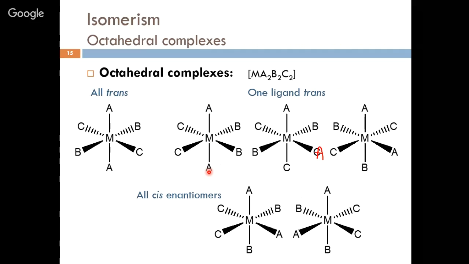So in this first one, the A are across from each other and the B and C are cis. We can have B trans and the others, A and C, are cis. And we can have C trans and then A and B are cis. And we can have 2 enantiomers where all of the ligands are cis to each other. So if you look at A, B, or C, they're all cis in both of these cases.